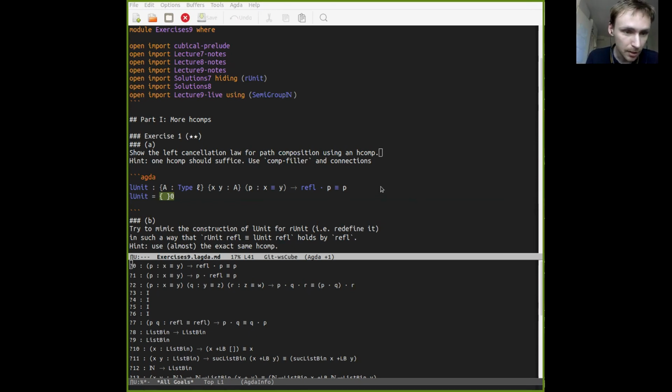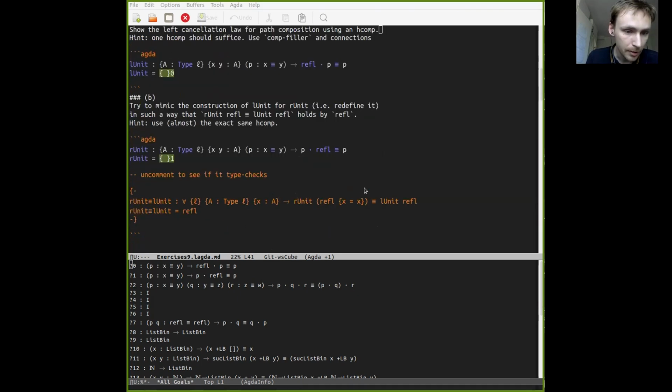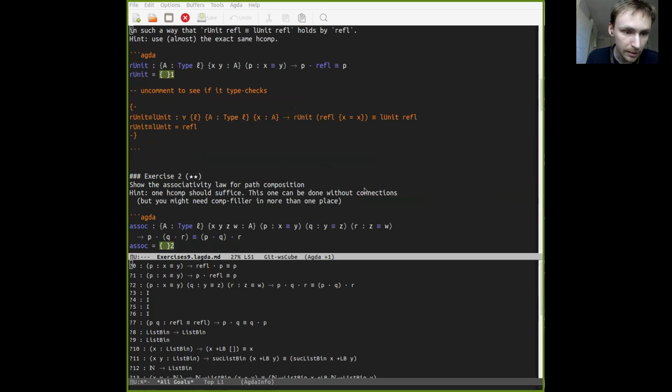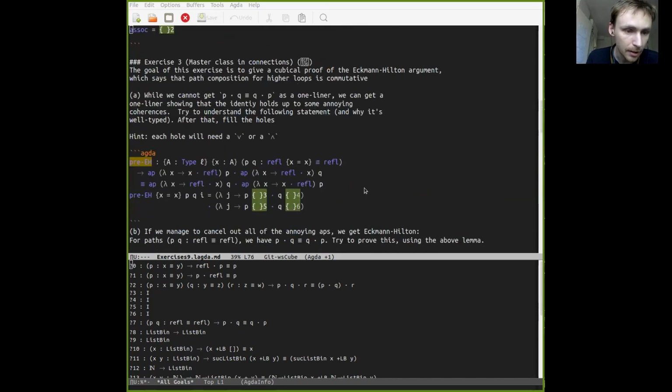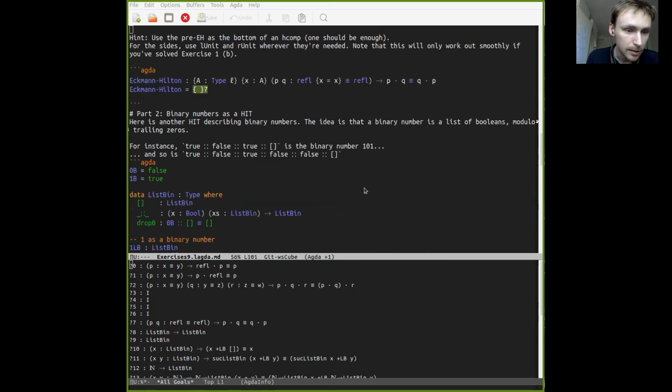So I threw in some HComp exercises. I threw in a bigger HIT exercise, and that's the HIT exercise.